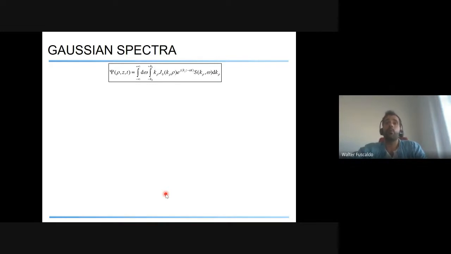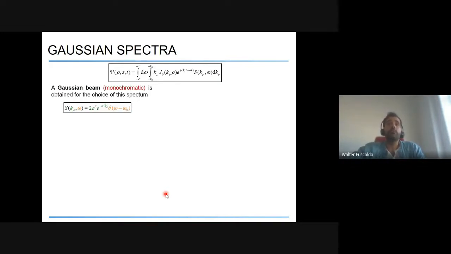For example, Gaussian spectra. The Gaussian beam, that is a monochromatic solution in the paraxial limit of the wave equation, is obtained for the choice of this spectrum, where you can see that the monochromatic character is enforced by this delta Dirac function, whereas the Gaussian nature of the spatial spectrum is highlighted by the Gaussian character of the term that depends on the radial wave number.